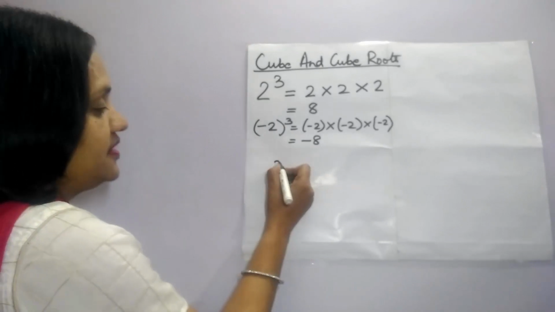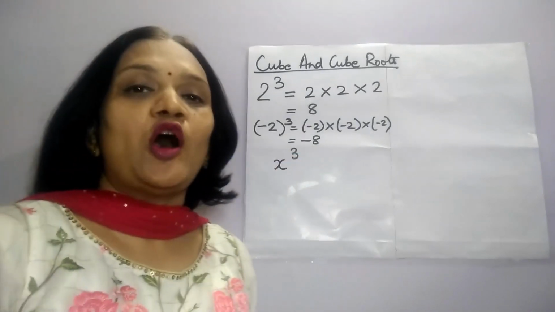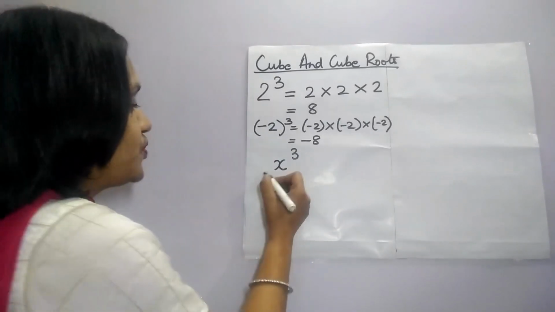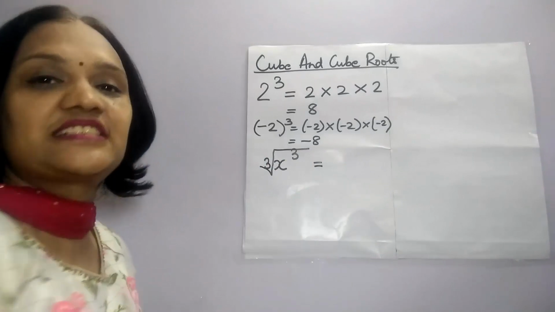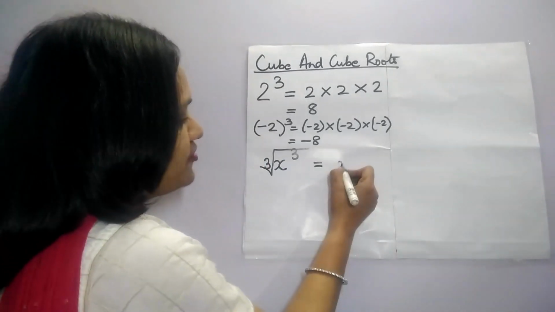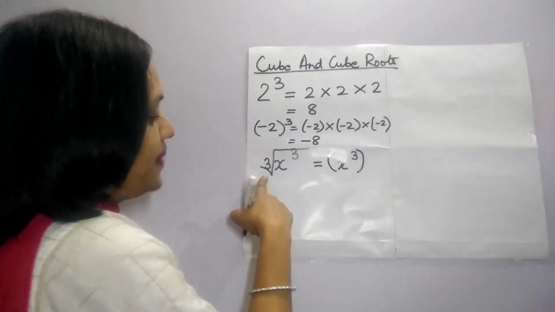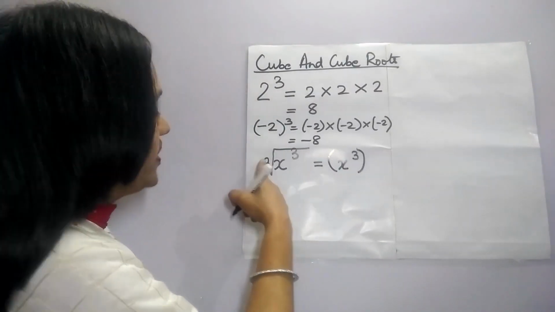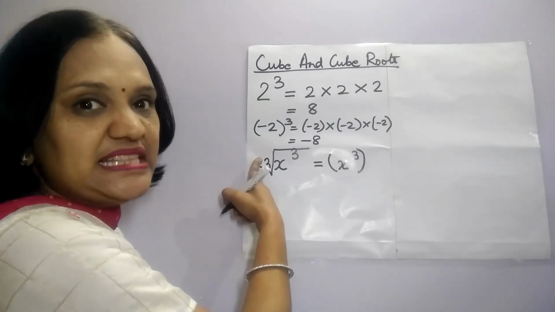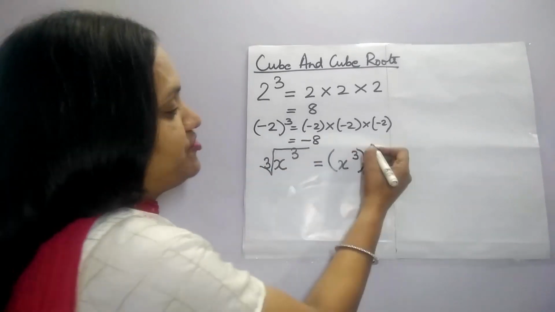So if x cube is the cube of x, what will be the cube root of x cube? Cube root of x cube will be x cube to the power 1 by 3. This radical sign with a 3 over here means cube root. Cube root meaning power 1 by 3.